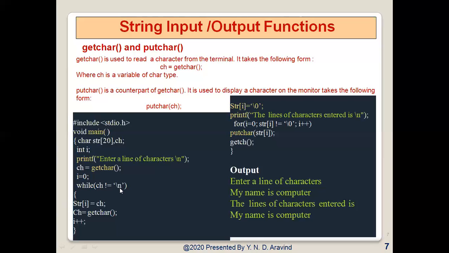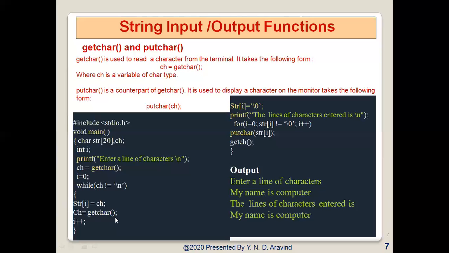If I have not pressed the enter key, then it will enter this particular loop. So str[i], what is the i value? 0. So in str[0], whatever character I have entered will be stored. Then ch = getchar().